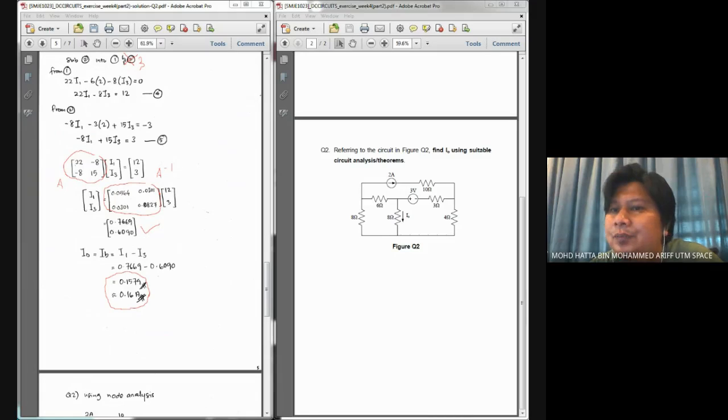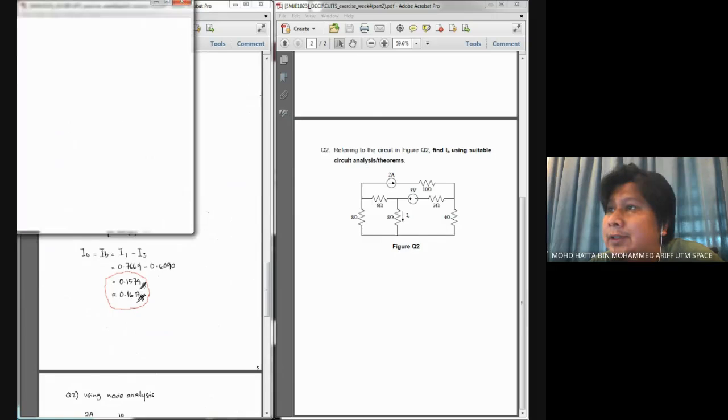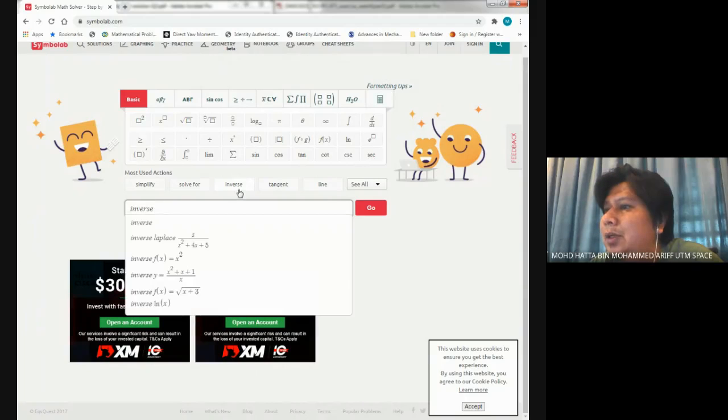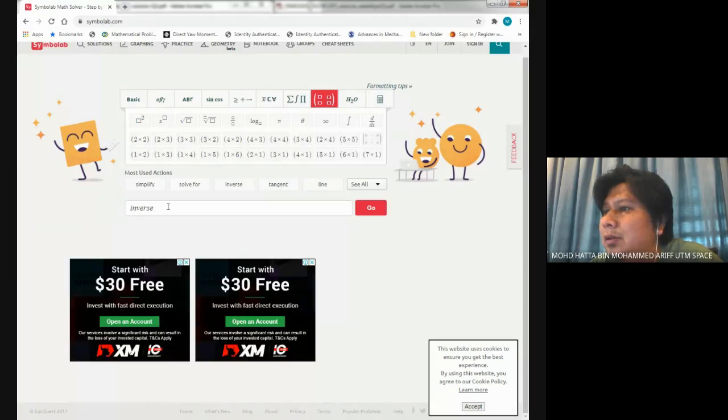And I checked on the internet, we have a website where you can calculate the inverse matrix easily. The website is symbolab.com, where, for example, if you want to calculate the inverse matrix, I put in the matrix over here. Okay.